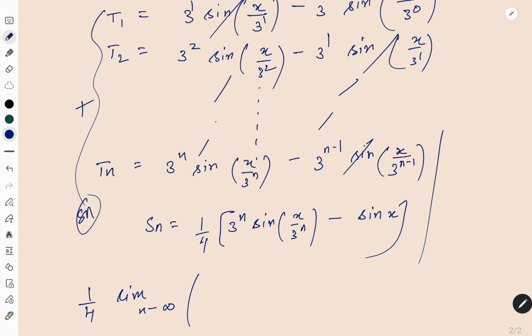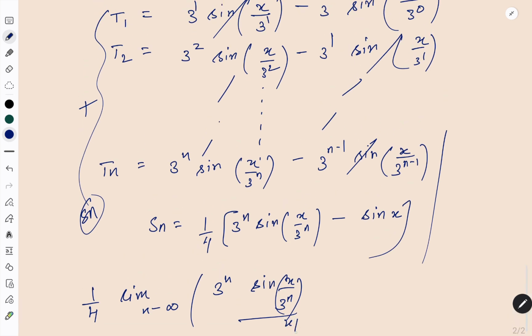So let's just do that. It's 3 to the power n sine of x over 3 to the power n divided by x over 3 to the power n, into x over 3 to the power n. That's cut down and that'll become 1 finally.